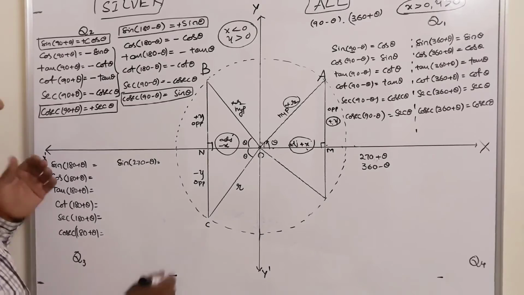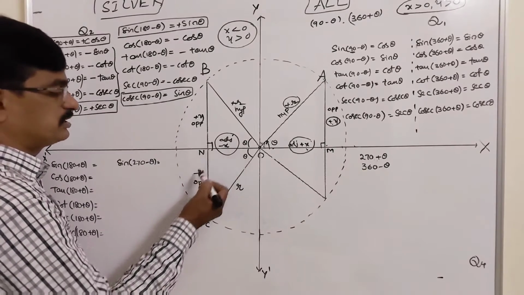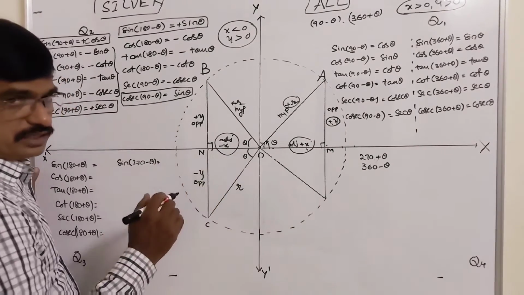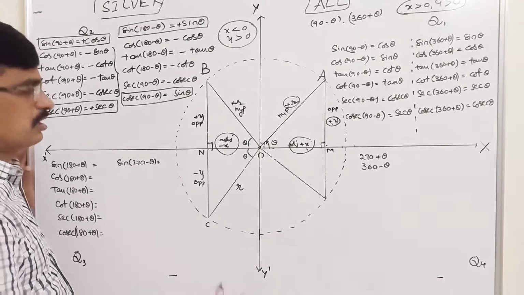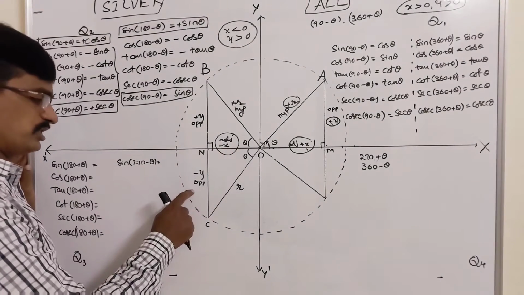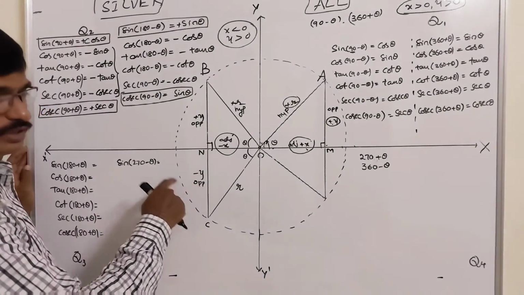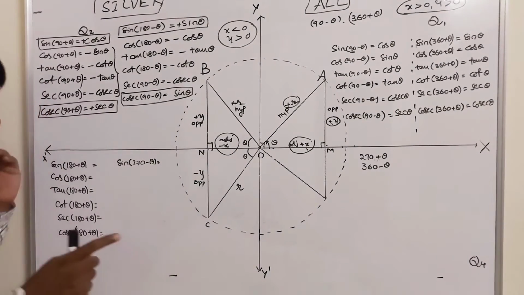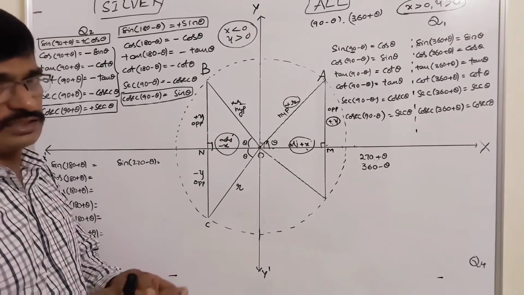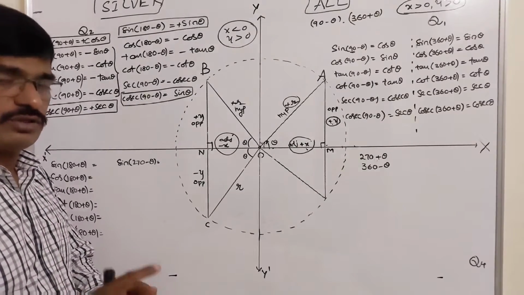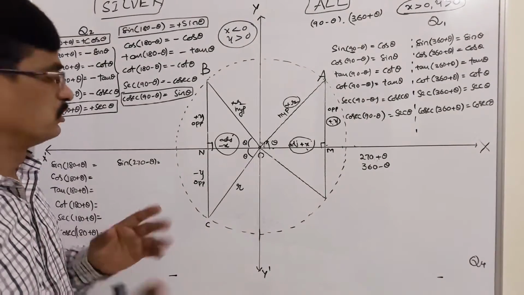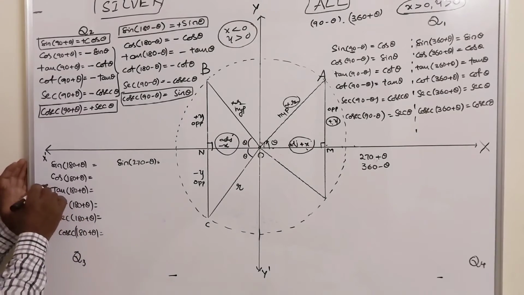That is opposite side by adjacent side, minus by minus plus, or adjacent side by opposite side, minus x by minus y plus. That is, the ratio between opposite side and adjacent side, or adjacent side and opposite side, is positive. That is from the definition of tan.